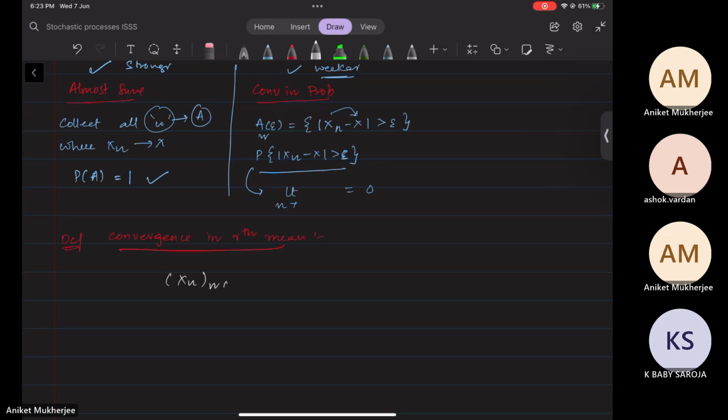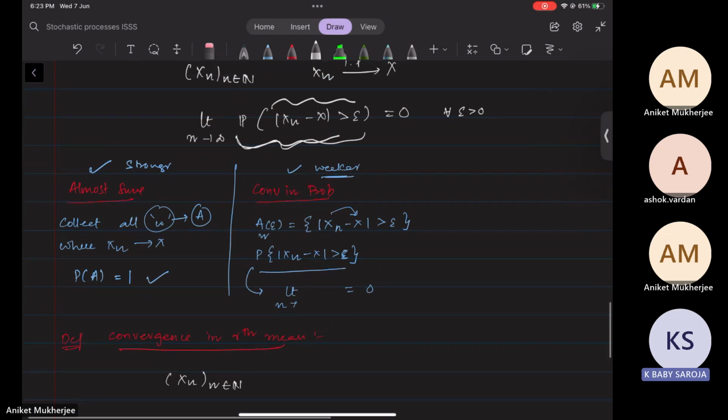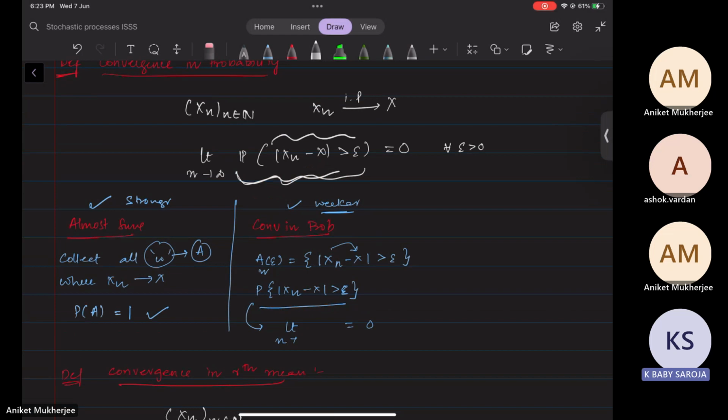Student: Sir, can you hear me? Yeah, I can hear you. Student: So almost sure is you collect all those omegas, and the set of all collection of omegas is said to be A, right, sir? Yeah, you collect all the omegas where xn converges to x. Student: Okay, then how could we say the probability of the set A is equal to 1?